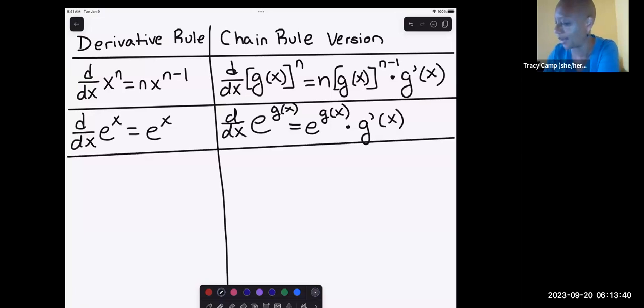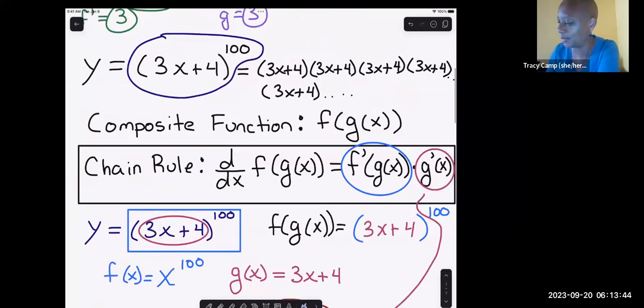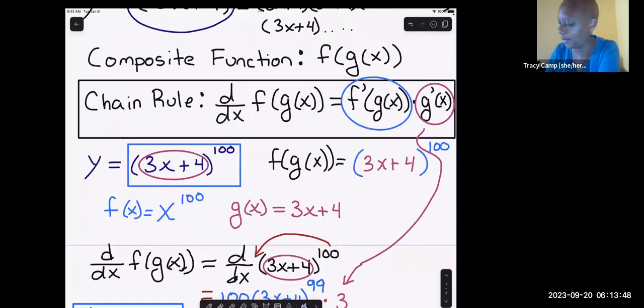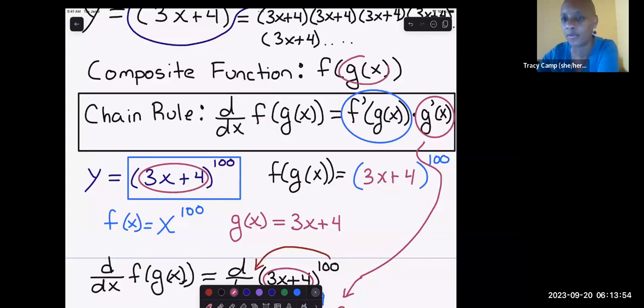I haven't written that. I'm going to just take a moment to write that. Where did I write composite function? Here I did. So what I was saying earlier is just that the g of x is oftentimes referred to as the inner function.